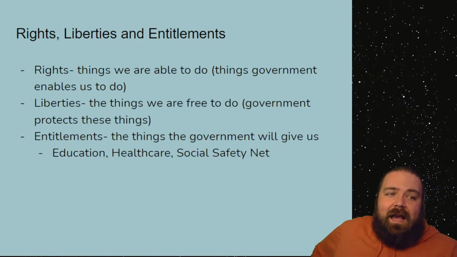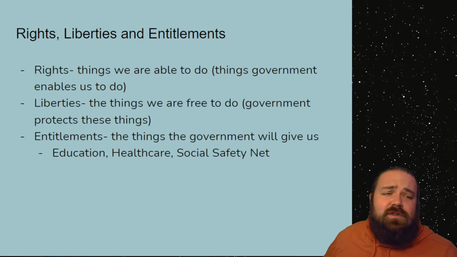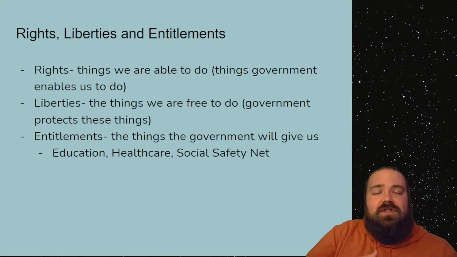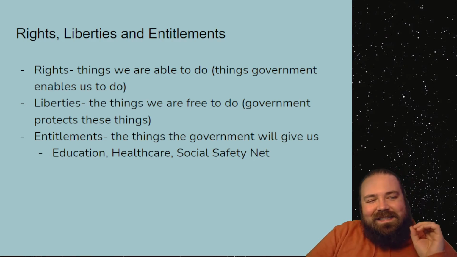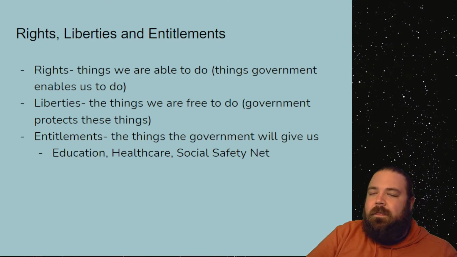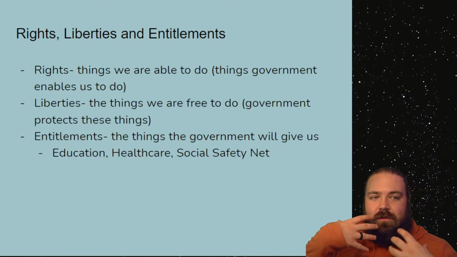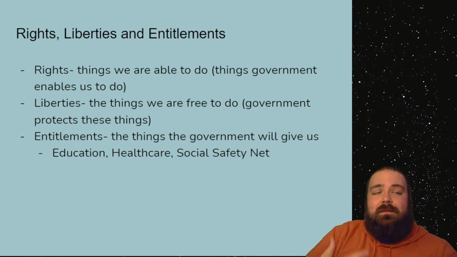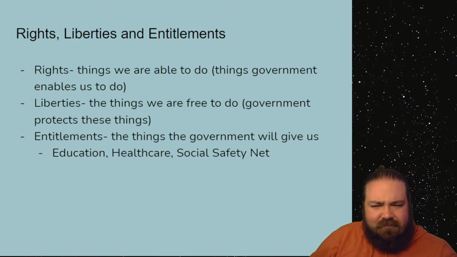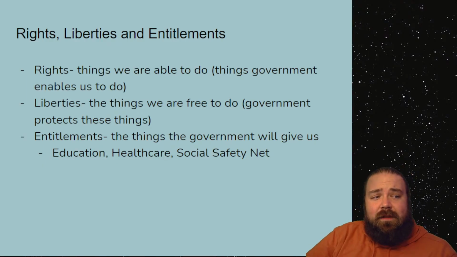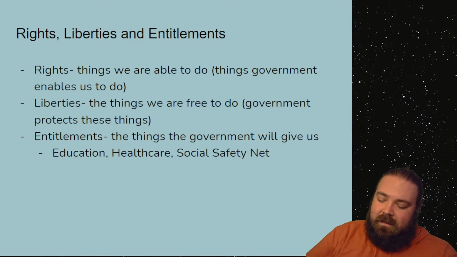It's their job. In particular, they set up these rights and legal protections to make sure that the government itself does not infringe upon your ability to have these liberties. Now, the government isn't giving you the liberty, they're just making sure that you get to keep that, if that makes sense.